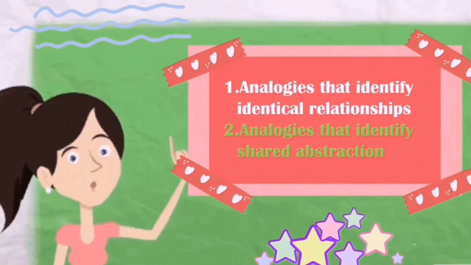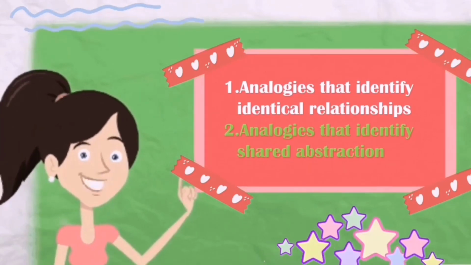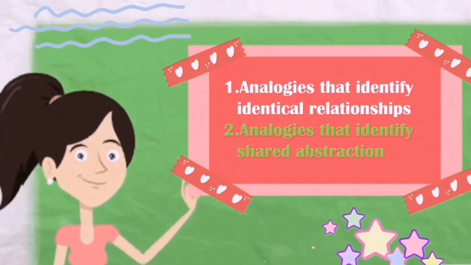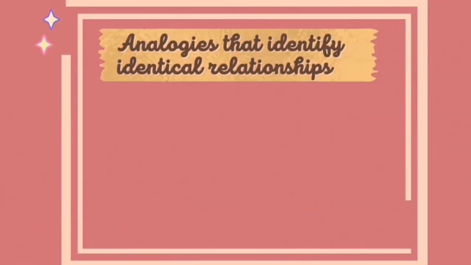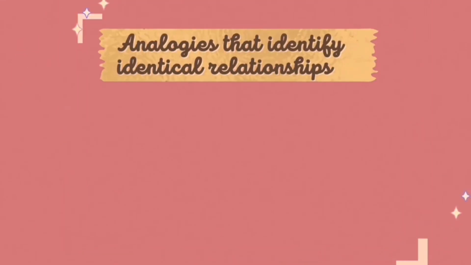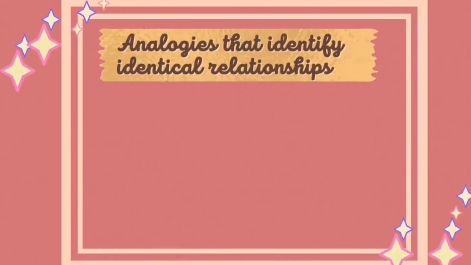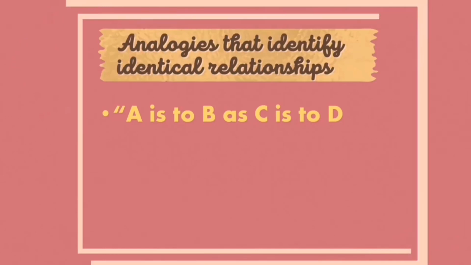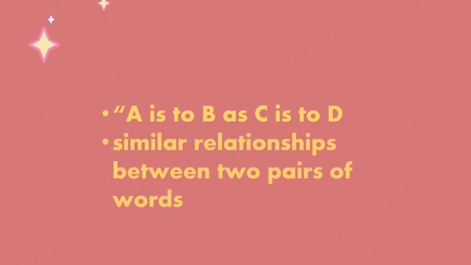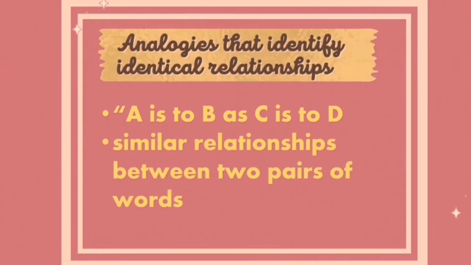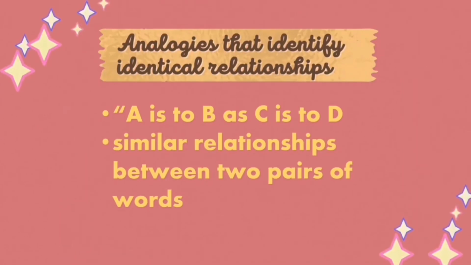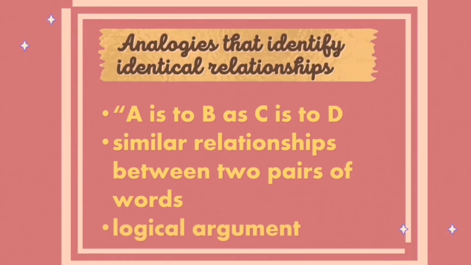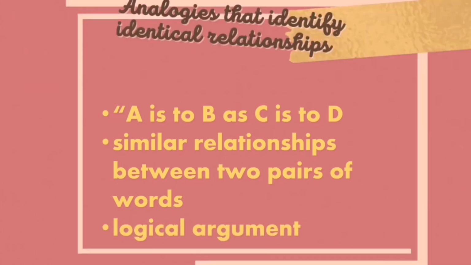Generally, there are two types of analogies commonly employed in writing. First, analogies that identify identical relationships. This type of analogy takes the form A is to B as C is to D, and is often used to directly illustrate similar relationship between two pairs of words, often for the purpose of logical argument.